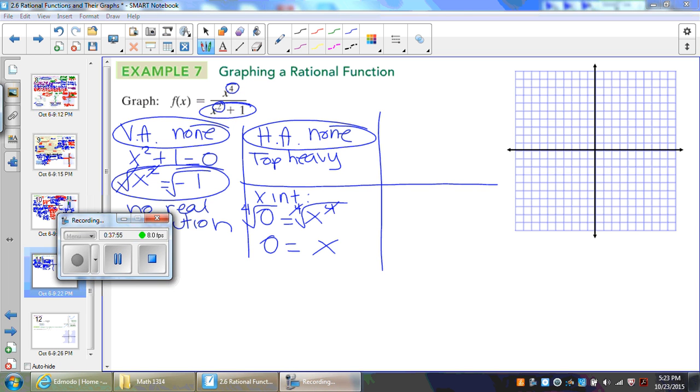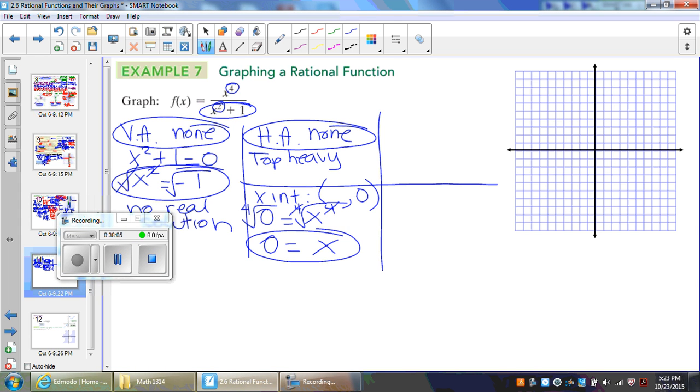Okay, so I didn't do anything wrong. What this tells me is that for the x-intercept, the y value is 0 by default. And so we solve the equation and x is equal to 0. So the x-intercept is at the origin, and that is also the y-intercept.